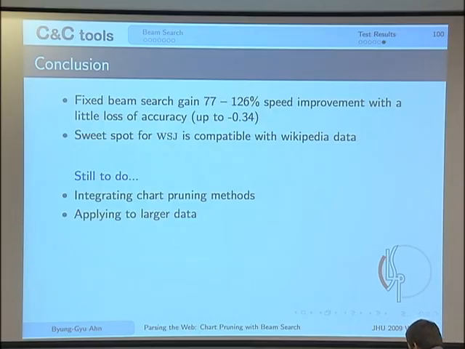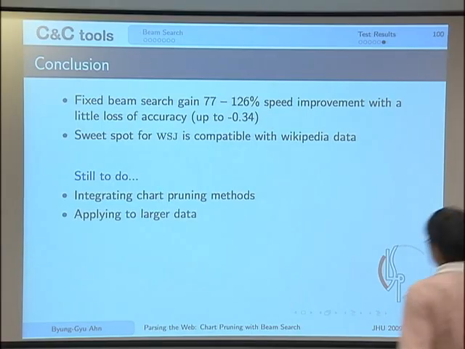So we still need to integrate this approach with other approaches that Yue and Tim tried during the workshop, and we need to apply this beam search method to larger Wikipedia data sets. I'll stop here and hand over to Yue. Thanks.